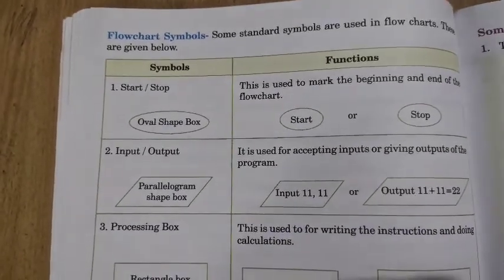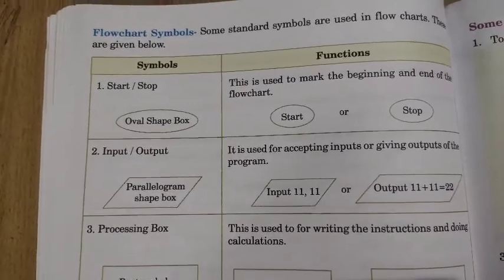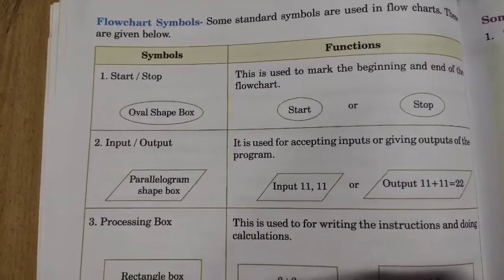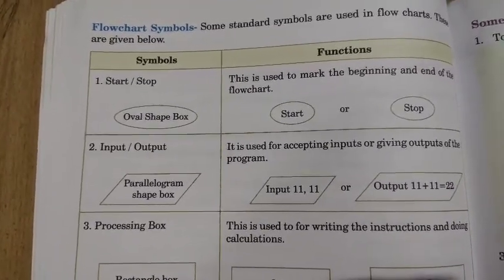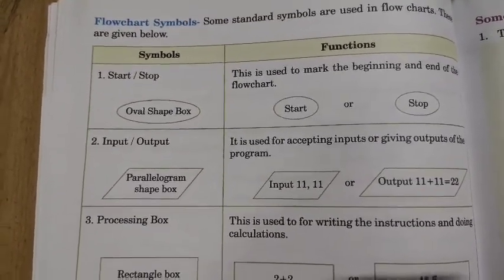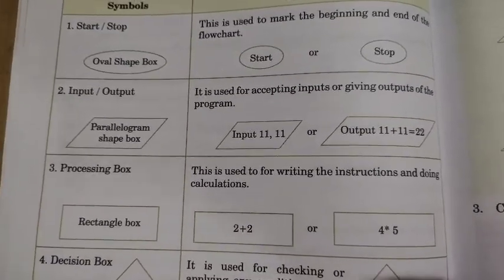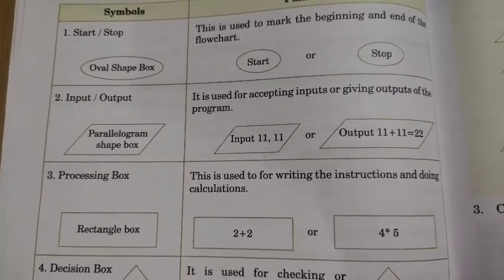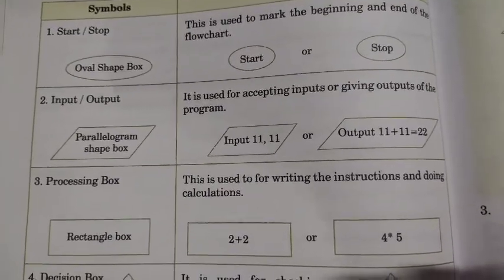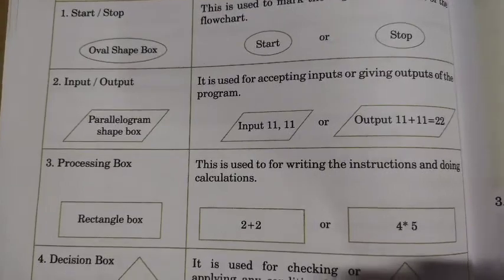After the start button, what is the second step? The second step is input or output. The second symbol is the parallelogram shape box. We use this parallelogram shape box for input as well as for output.